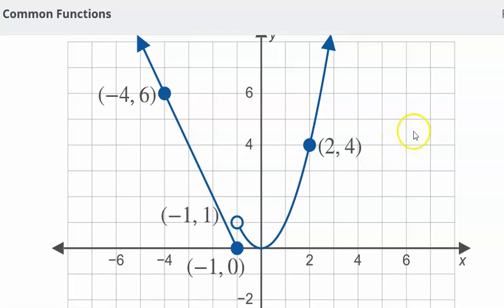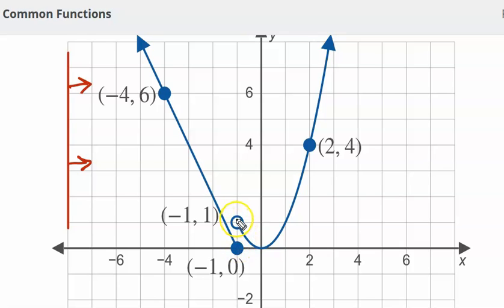Now, another question I would ask is, is this a graph of a function? And the answer is yes, it would pass the vertical line test. If we were to move a vertical line over this graph, it would only intersect in one point.